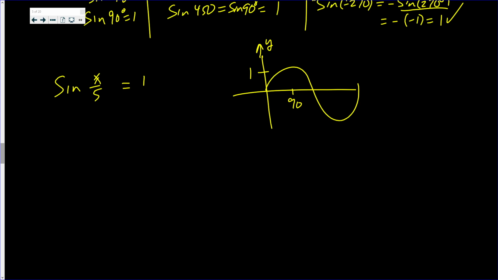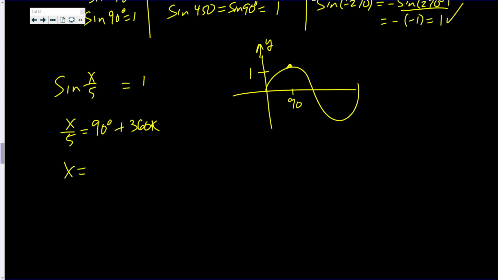For the record, I could have used any other period I liked. It just has to be a complete period, and in that period, see where it's 1. So x over 5 has to be 90 plus any multiple of 360. If it were tangent, I would add multiples of 180.